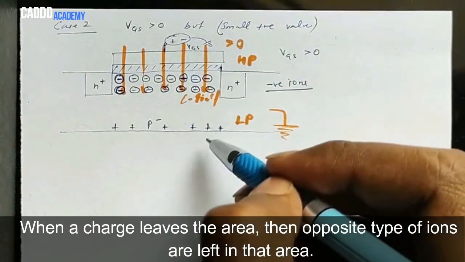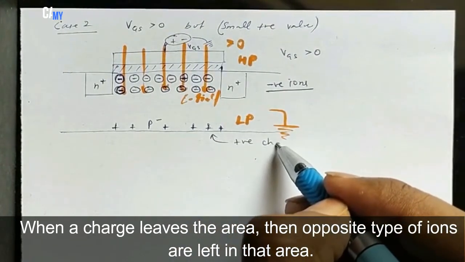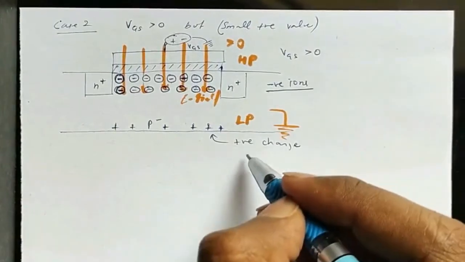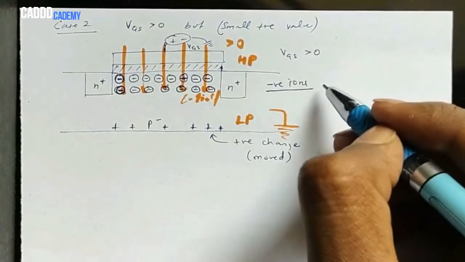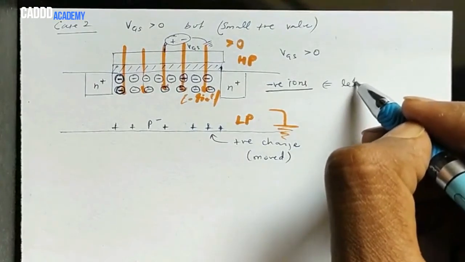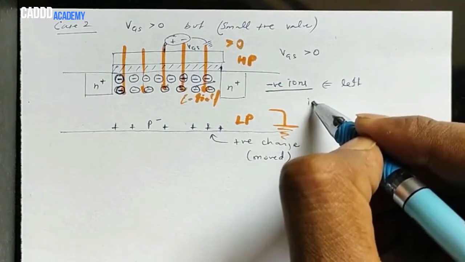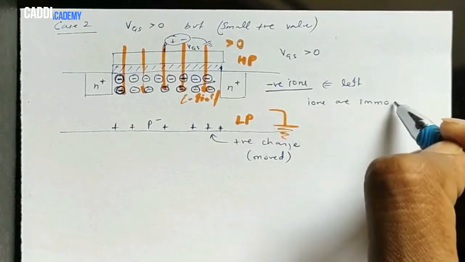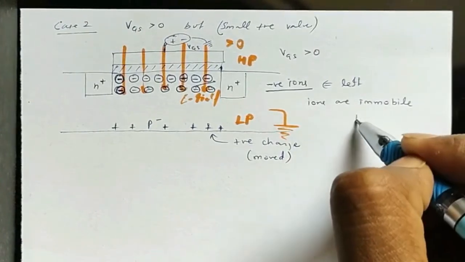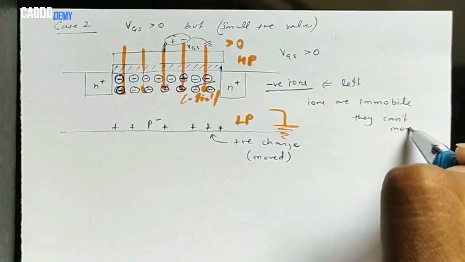Negative ions, and these are the positive charges which moved from upside to downward, and what is left is the negative ions. And the ions are immobile, they can't move.